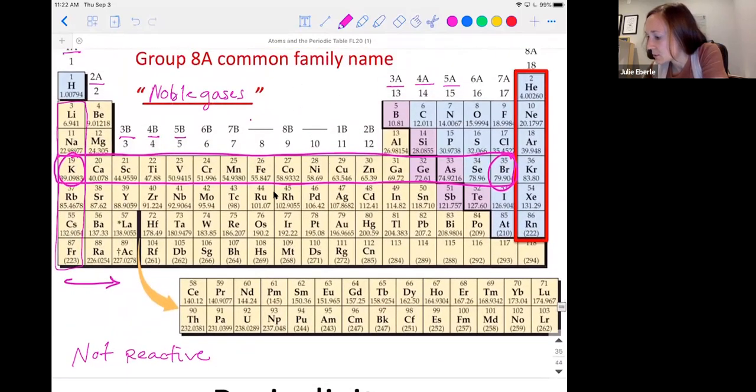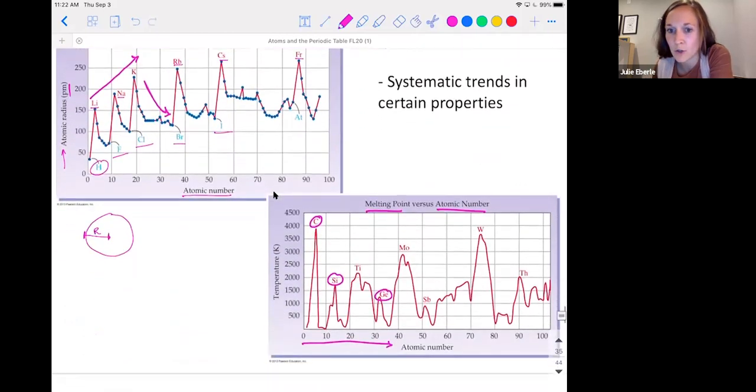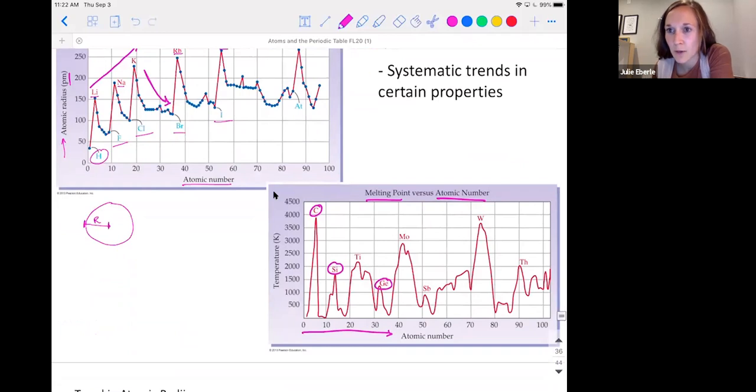That is group 4. Carbon, silicon, germanium. I don't know, something special about group 4. They tend to have the highest melting point. So again, you don't have to memorize this. There's no trend we're going to draw. But I just want to make the point that there are specific systematic trends based on how this is all organized. Okay, so there's a lot of thought that went into the periodic table.